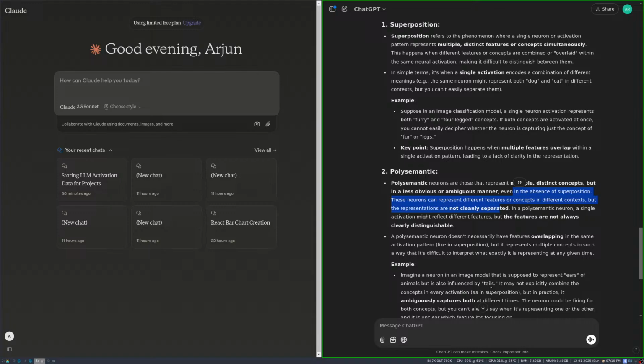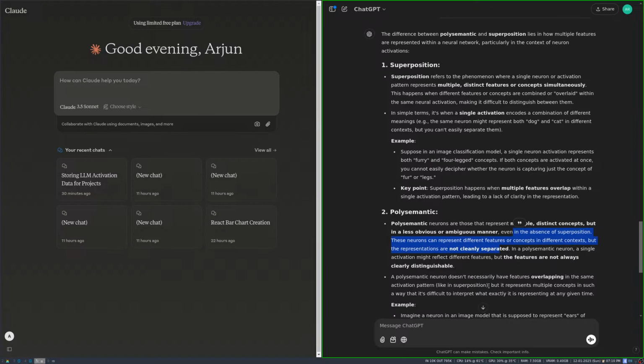Okay, ears and tails. A single activation got different meanings. Suppose in an image classification model, a single neuron represents both furry and four-legged concepts. If both concepts are activated at once, you can't easily decipher whether the neuron is capturing just the concept of fur or legs.